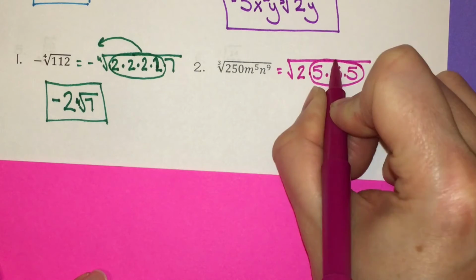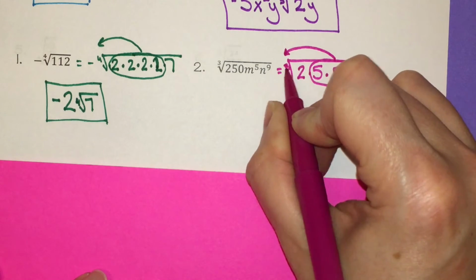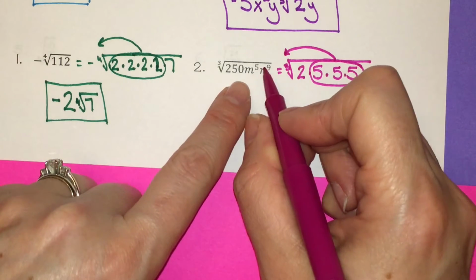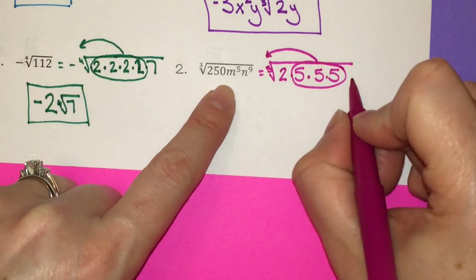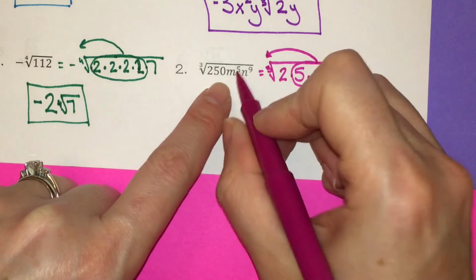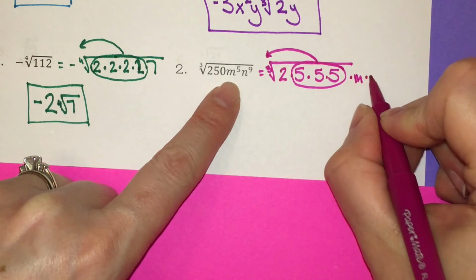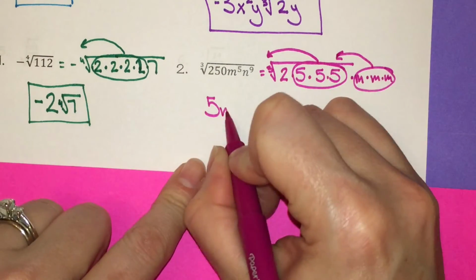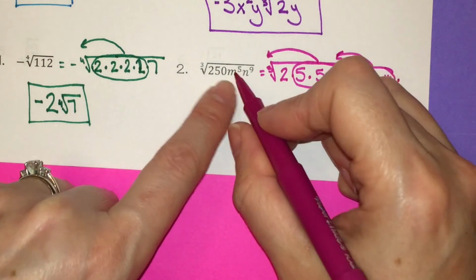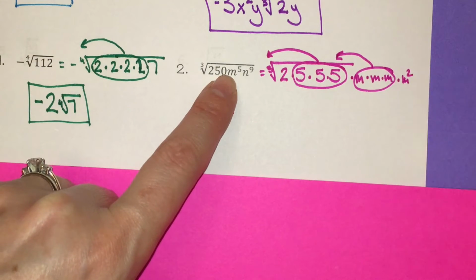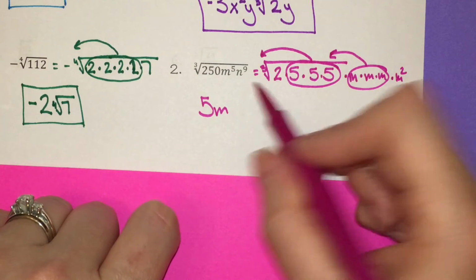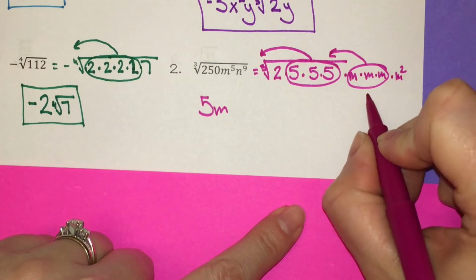So I have a group of 5's that can come out. Remember, it's a cube root, so we can bring a 5 out. Now m to the 5th: we have one group of 3 in there, so m times m times m can come out. But we're left with m squared underneath, because we'd have to have 3 of them in order to come out. Then look at n. I'm just going to bring this down.